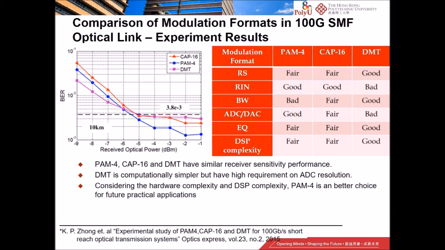Considering all this hardware complexity and DSP complexity, I think the field has evolved to a point where PAM4 has basically won the debate. It is considered the better choice for practical applications, and a lot of the standards developed are based on PAM4. A lot of the products developed are based on PAM4. There are one or two companies that have DMT as their product, but I think that is the minority.